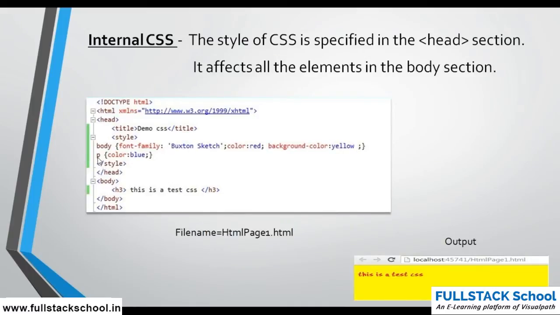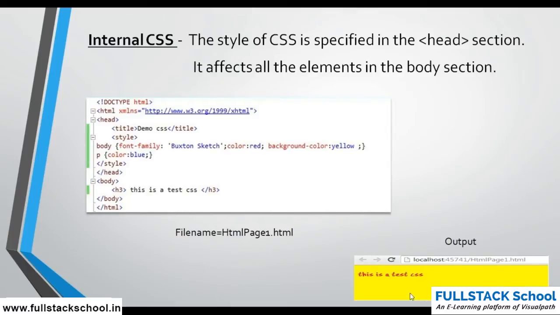Then we use the P tag with the color blue. Then we close the style. When the head closes, inside the body we have written the H3 tag, then the text to be displayed on the web page, which is: this is a test CSS. Then the body closes, then the HTML closes.